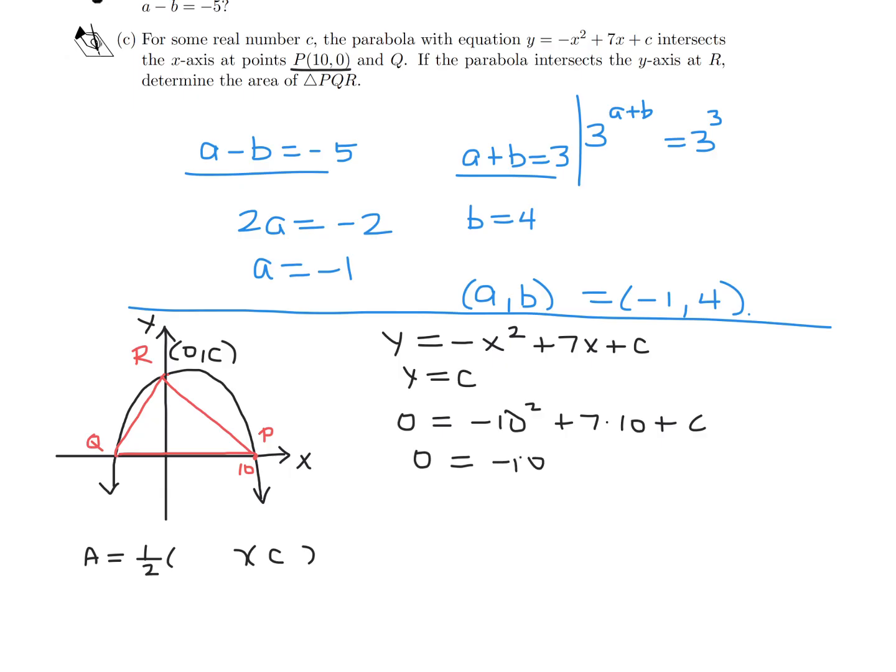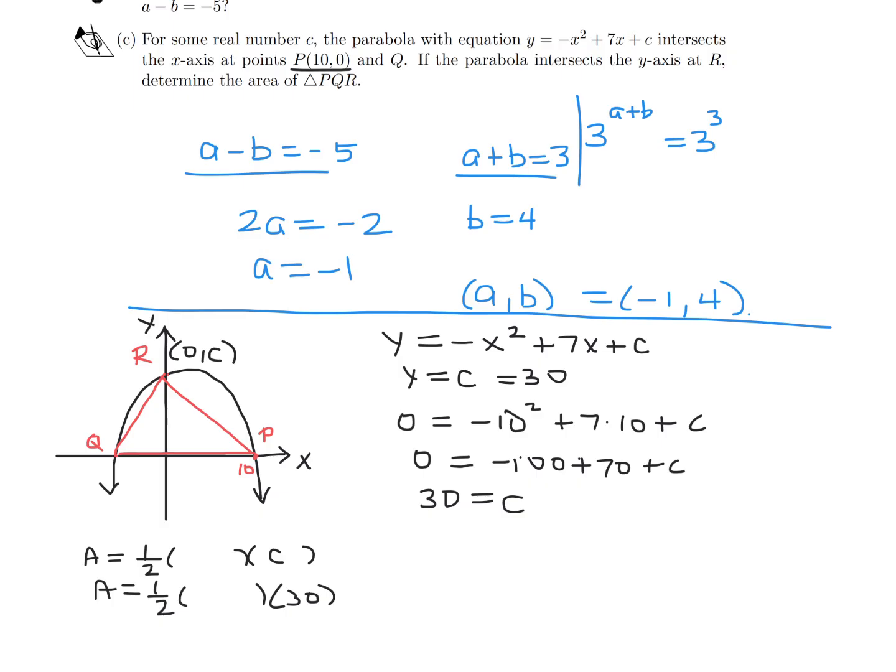Minus 100 plus 70 is c. So c looks to me like it's 30. Okay, that's very helpful. So the area is equal to 1/2 base times 30. All right, great. Now I just have to figure out the value for Q.